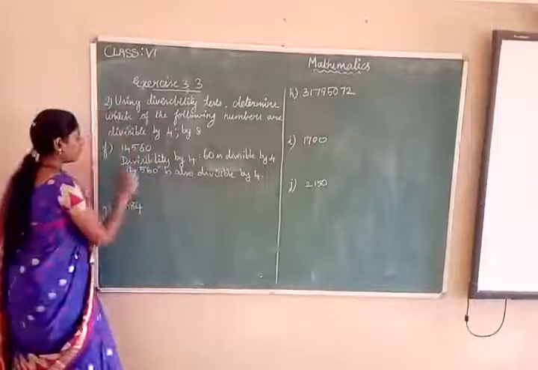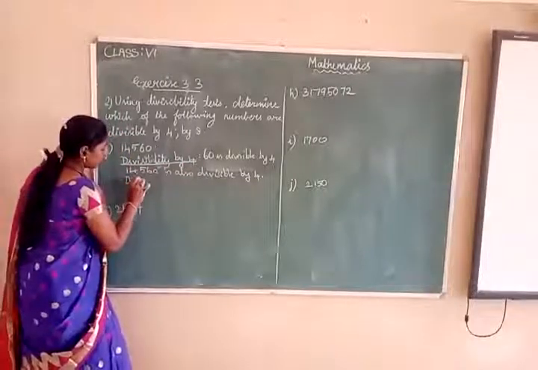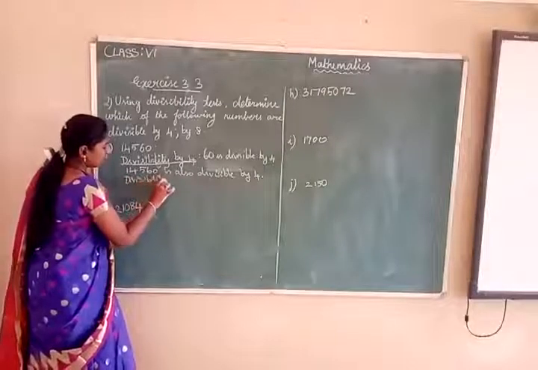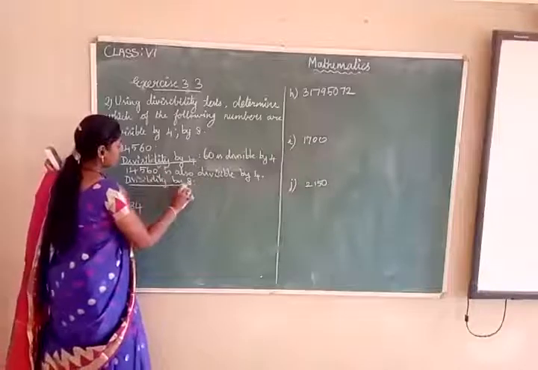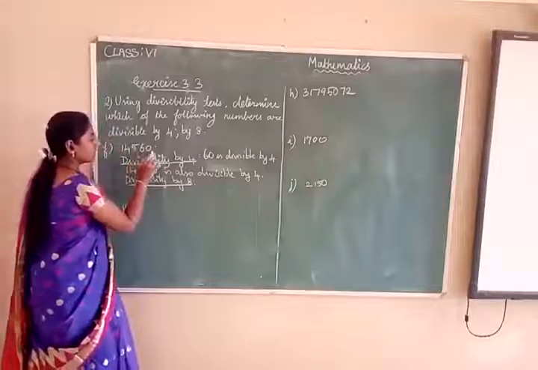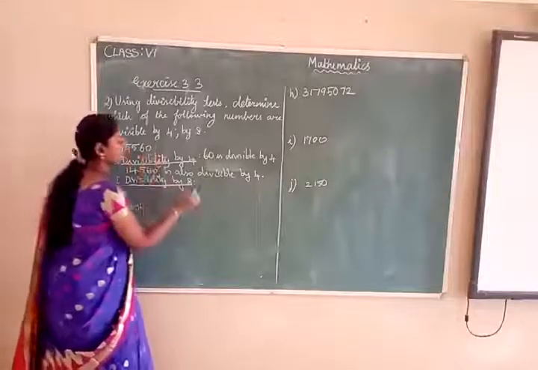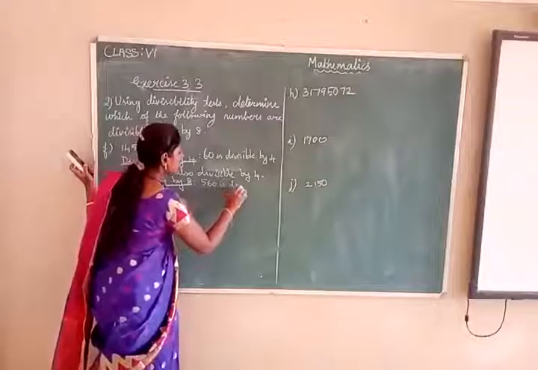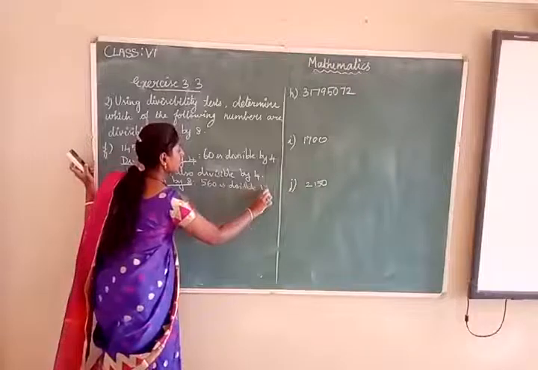Now, divisibility by 8. So, how to find it? We have to look at the last three digits. 560. Is 560 divisible by 8 or not? Yes, right? So, 560 is divisible by 8.